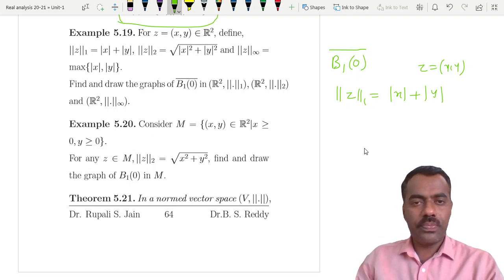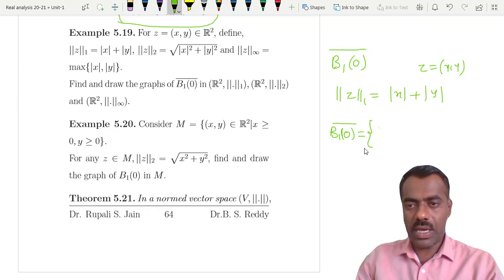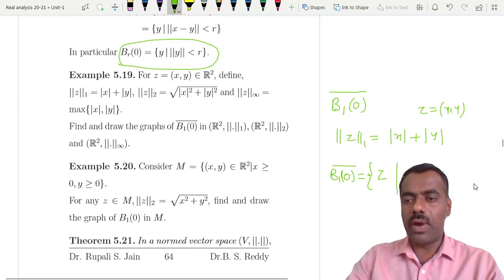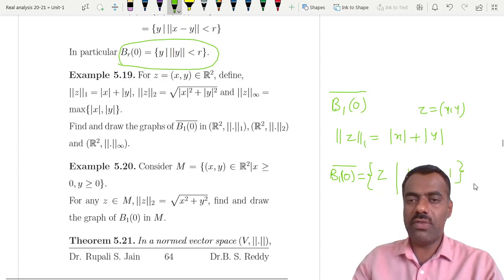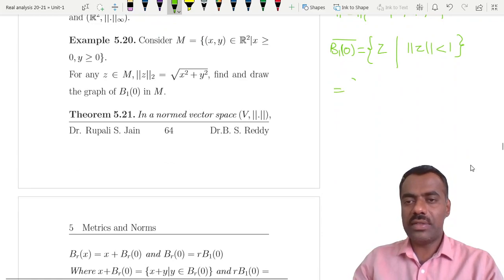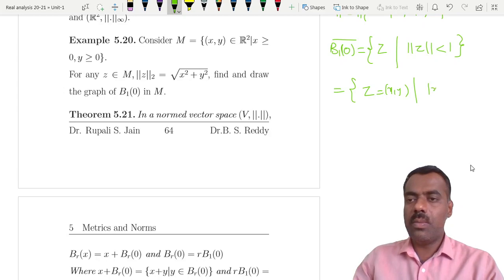So this closed ball B10 is nothing but the set of z such that norm z is less than or equal to 1. That is, z equal to (x, y) such that mod x plus mod y is less than or equal to 1, because it is a closed ball. So what are all the (x, y) in your R2 whose values sum to less than or equal to 1?